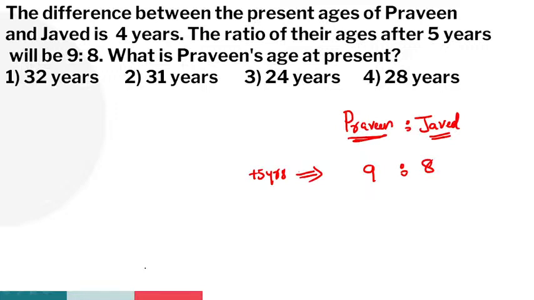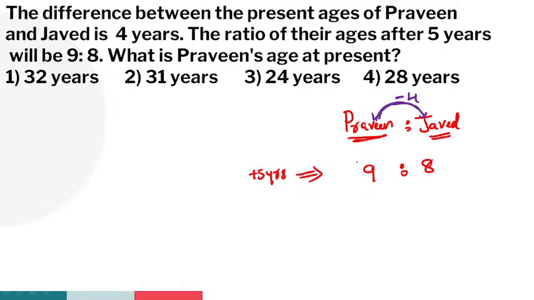Right. First read the question properly, guys, here. What is the first statement? The difference between the present ages of Praveen and Javed. The difference between Praveen and Javed is how many years? 4 years. The ratio of their ages after 5 years.